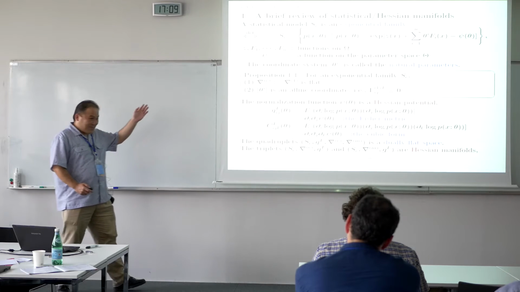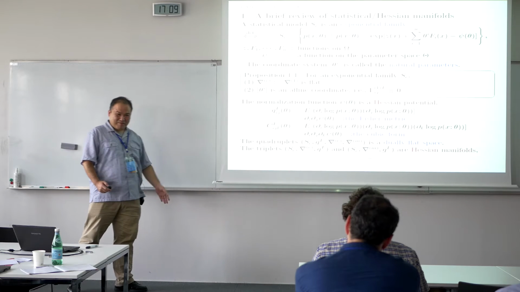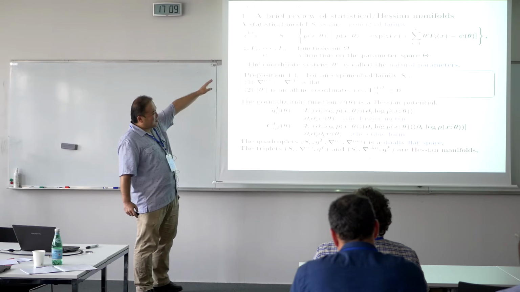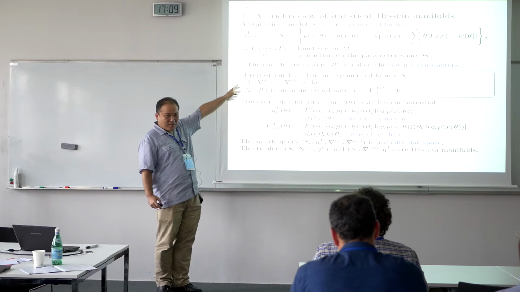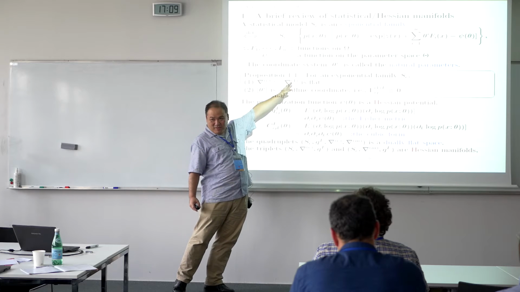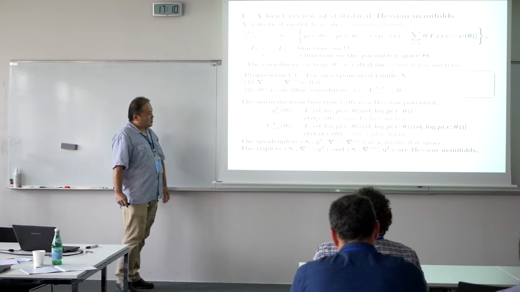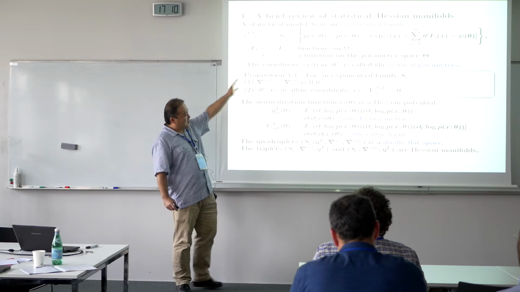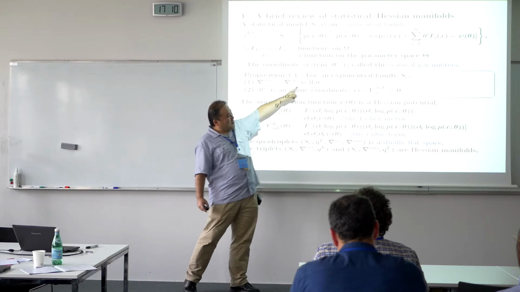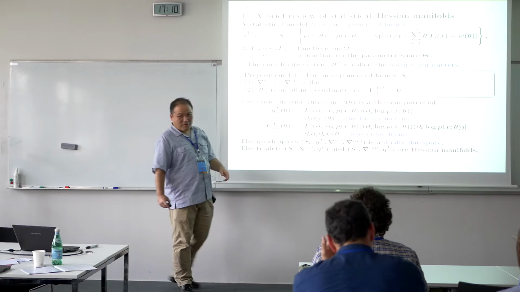I think everyone knows this very fundamental property, but let us review. We say that a statistical model S is an exponential family if the set of probability densities can be written in this form. In this case, one connection is flat, and the natural parameter theta is an affine coordinate system.